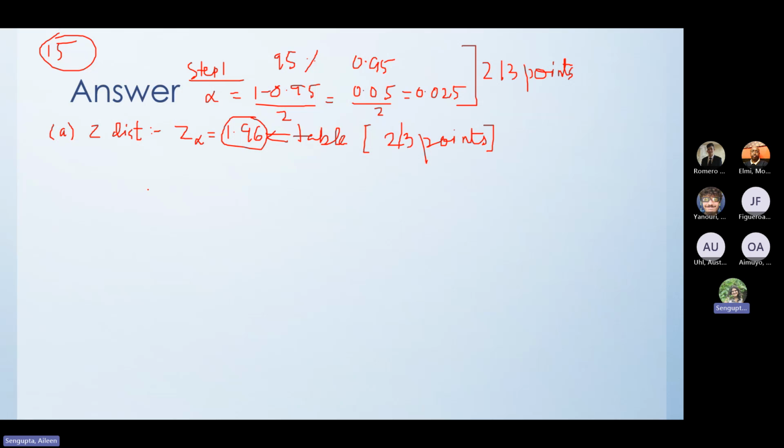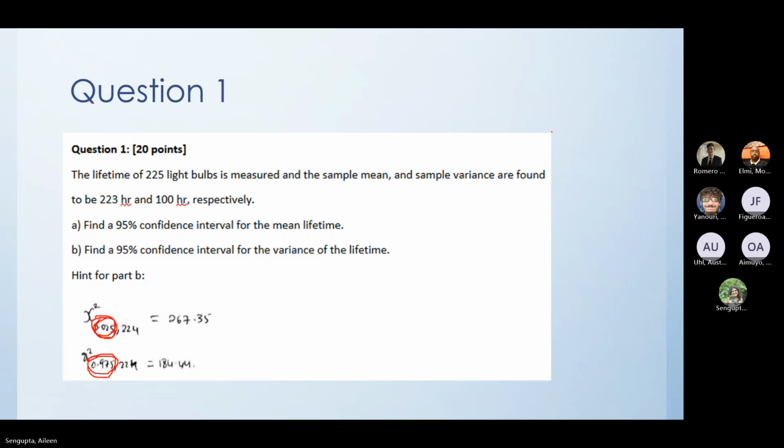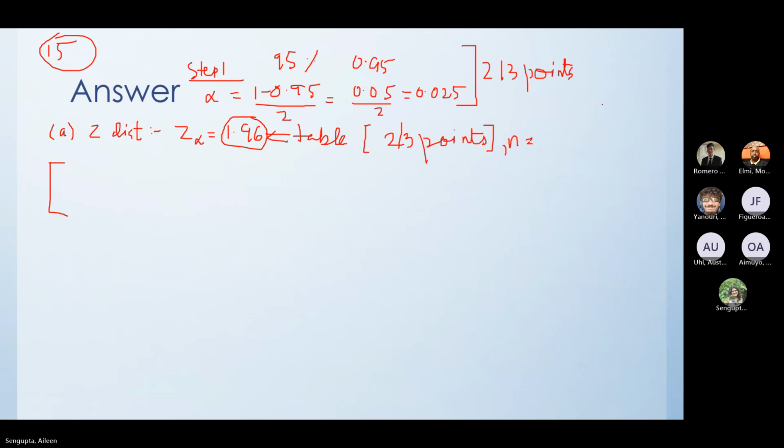So after that, you are going to write your main formula. Some people directly start writing values, but what I would say is, you can write the formula out if you are not too accustomed to it, or you can write it out like, n is equal to, what is n? 225.